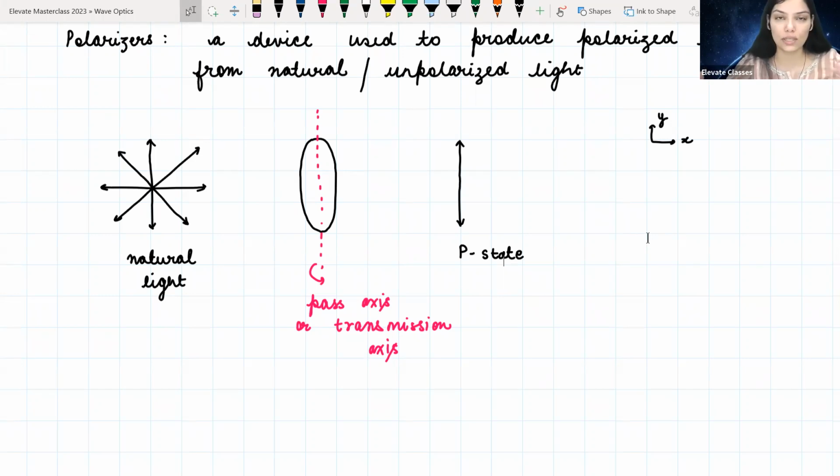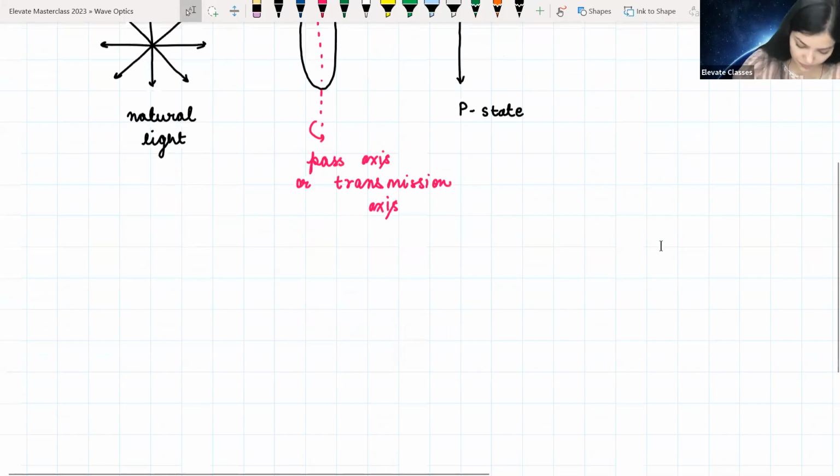Both of them are actually polarizers, but we say analyzer because we use it to find out what the state of polarization is. So an analyzer is basically a polarizer which is used to analyze the state of the polarization.